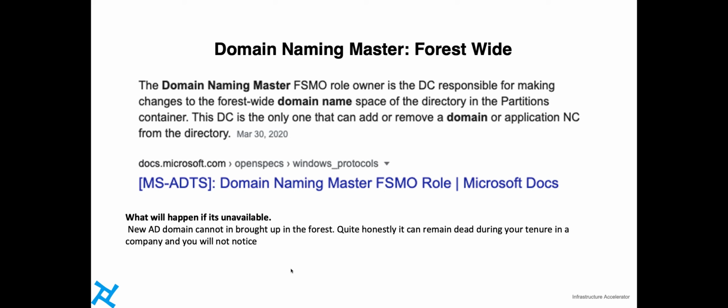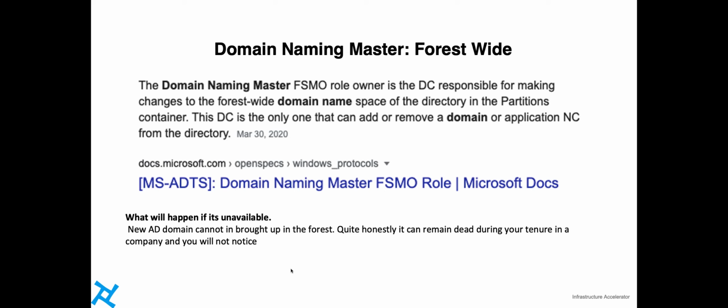Because when you are bringing out a new name, let's say that your company was group.com, and now you want to bring a new domain in the forest called india.group.com. At the time you are promoting the first domain controller of the india.group.com domain, the domain naming master FSMO role owner domain controller in the group.com domain needs to be available.